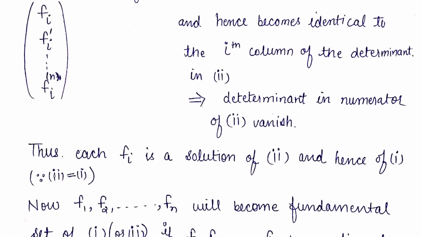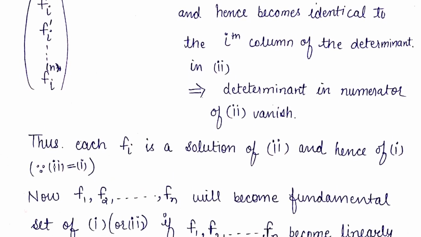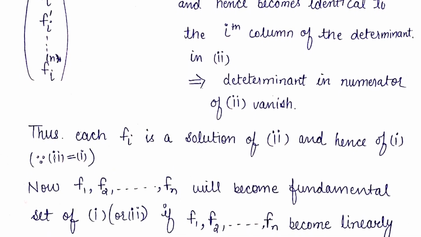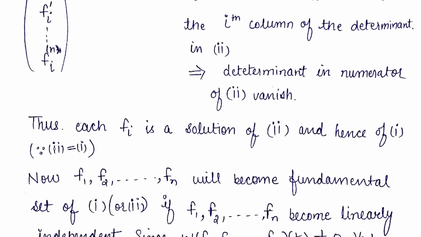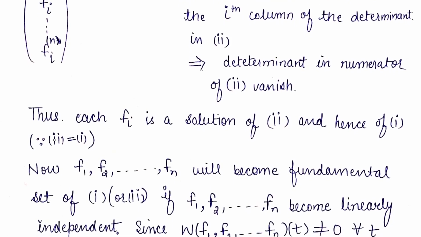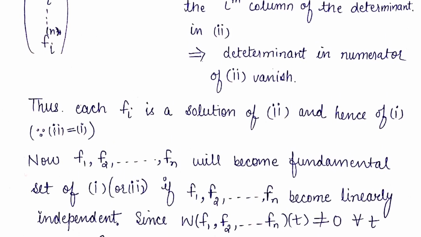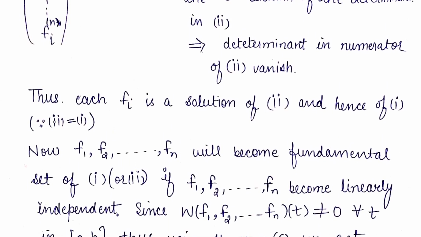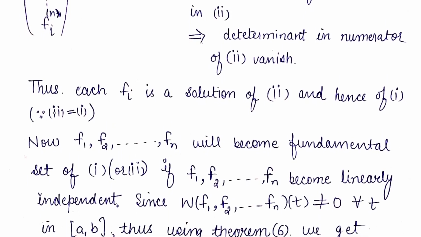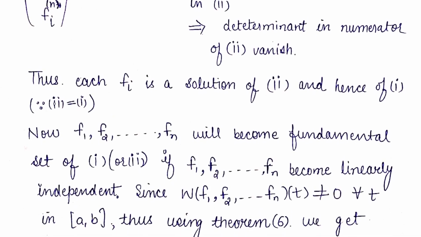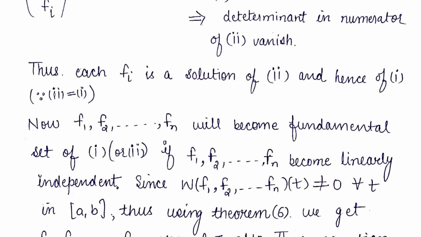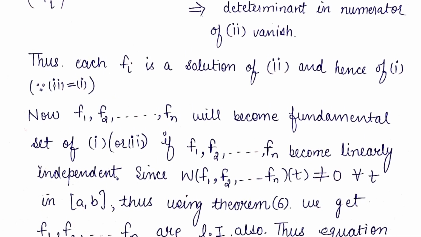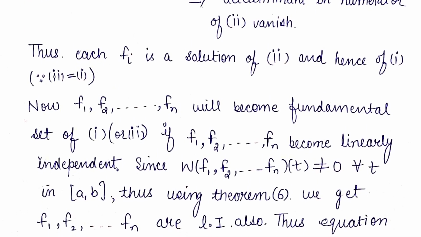So that determinant in the numerator, because of two identical columns, becomes 0, and thus our functions f1, f2, fn become solutions of this equation 2, and hence each fi is a solution of 2 and hence of 1.